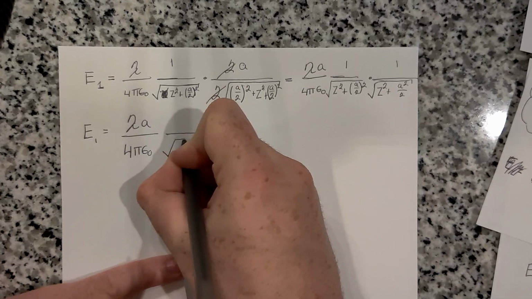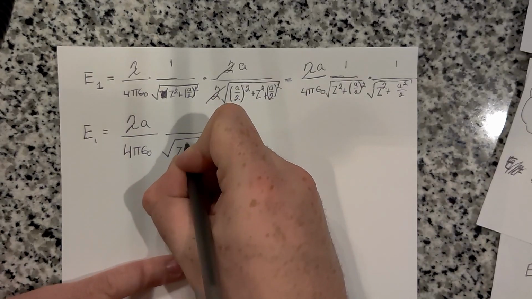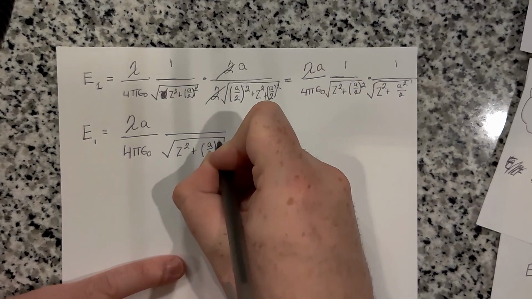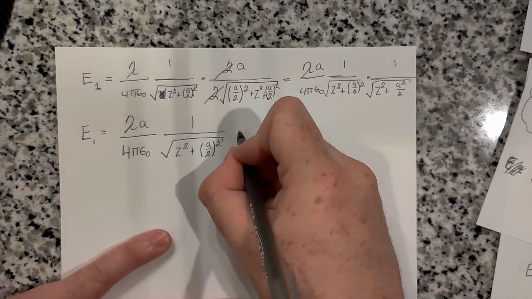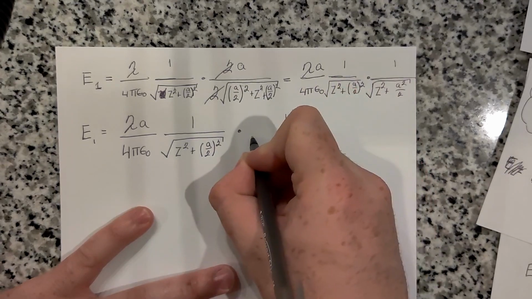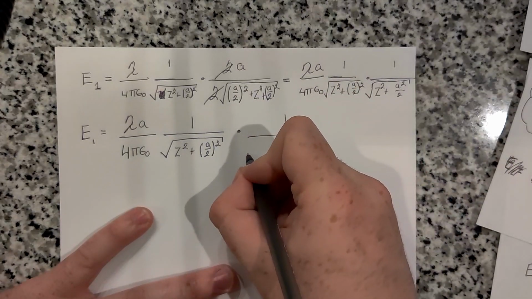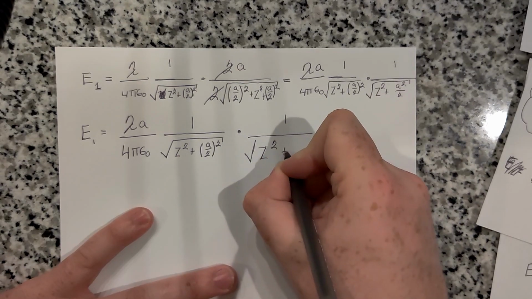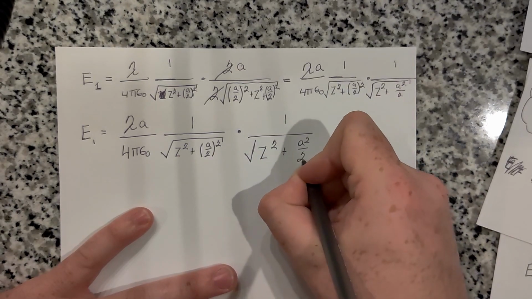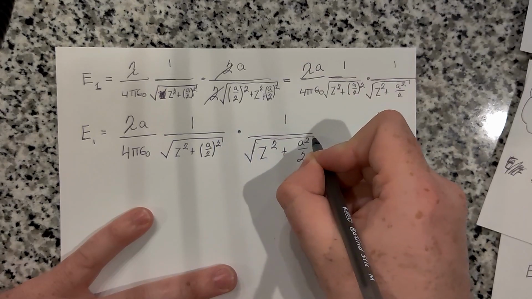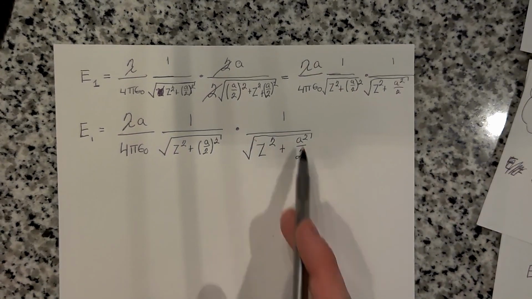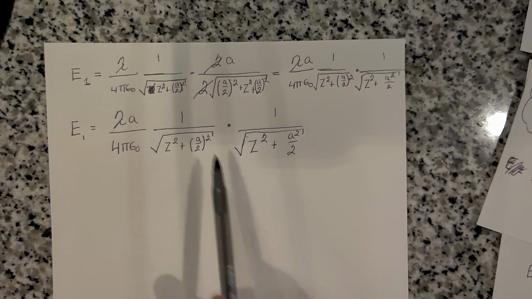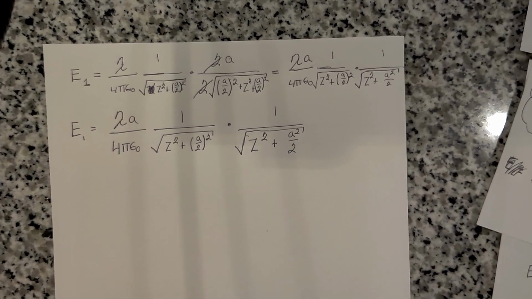So we have 1 over the square root of z squared plus a over 2 squared, times 1 over z squared plus a squared over 2. Okay, so this is the electric field due to one of the sides of the square.